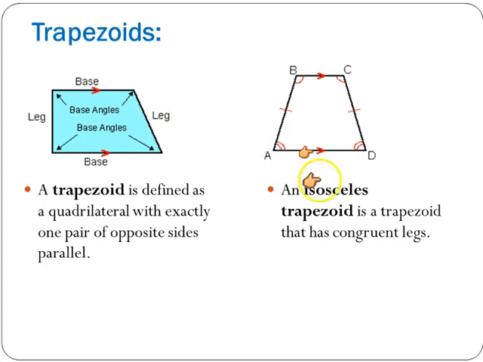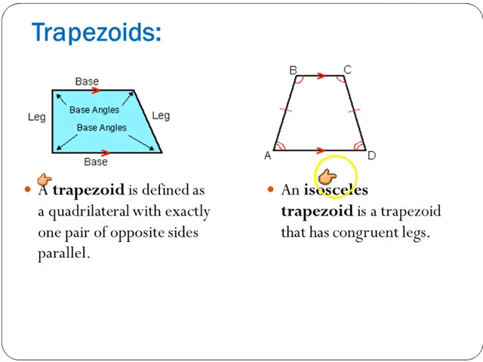And then an isosceles trapezoid, just like an isosceles triangle, is a trapezoid that has a set of congruent legs. So if you have opposite sides that are parallel, and then 2 sides that are congruent, you've got an isosceles trapezoid. If you do not have any sides that are congruent, you just have a plain old trapezoid.